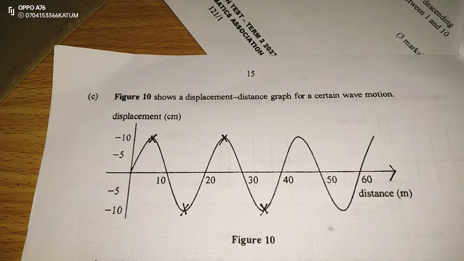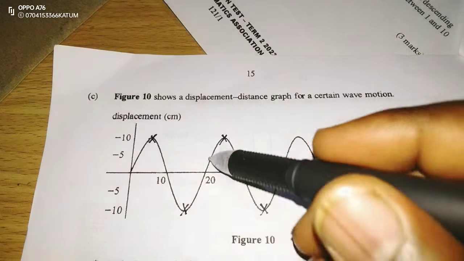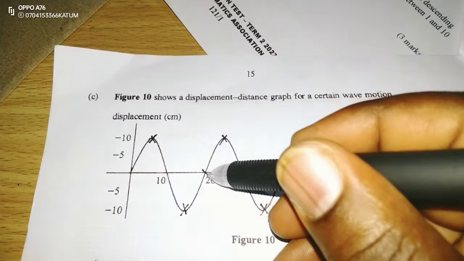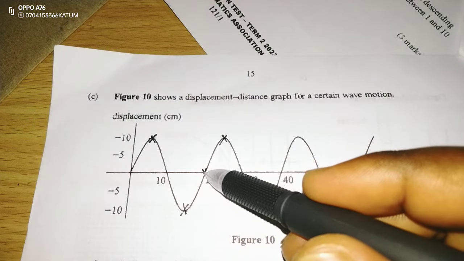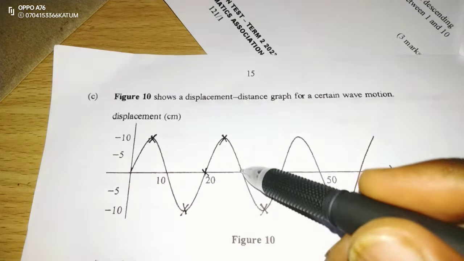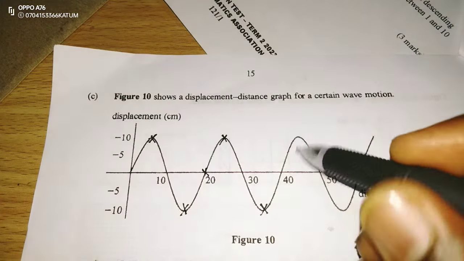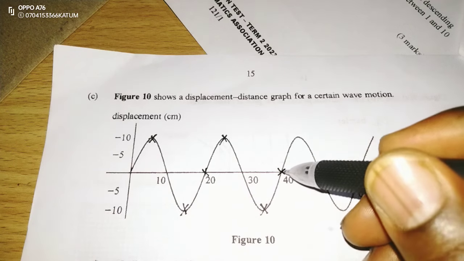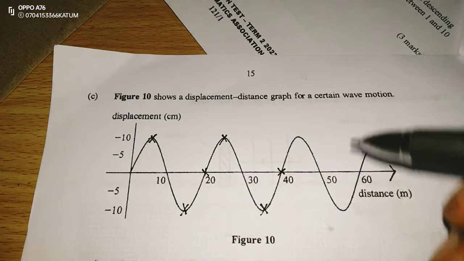From this point to this one at a trough, there is a complete oscillation, and hence the 2 points are in phase. When you consider this wave motion at 20, a particle moving in this direction will move until at 40, where it will be at the same position and moving in the same direction.